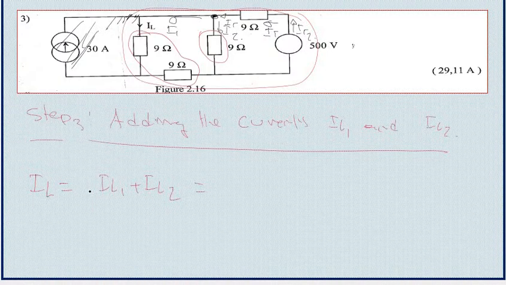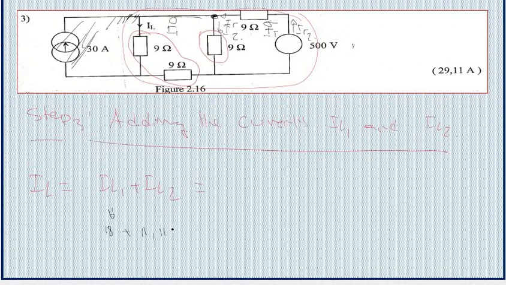So we have the current that we get from step 1, which is 18 amp, plus 11.11, which represents I2.